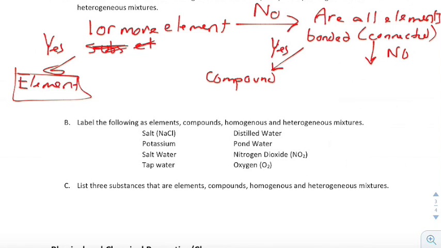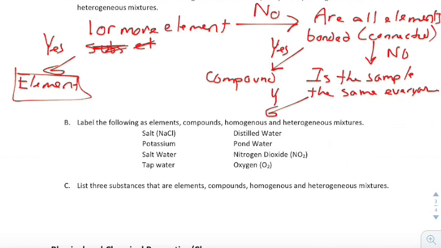You have to say, is the sample the same everywhere? If yes, then it's homogeneous. If it's no, it's heterogeneous.